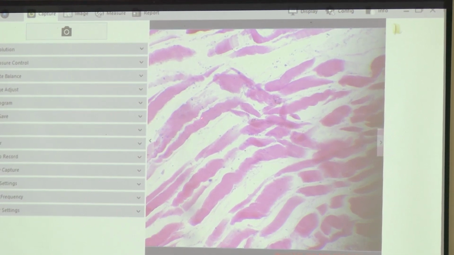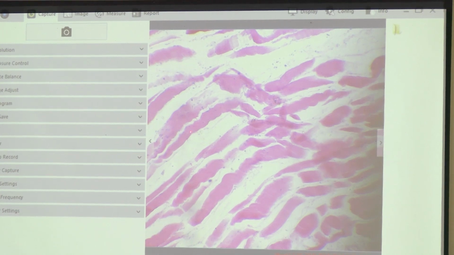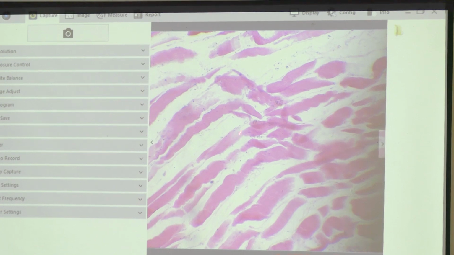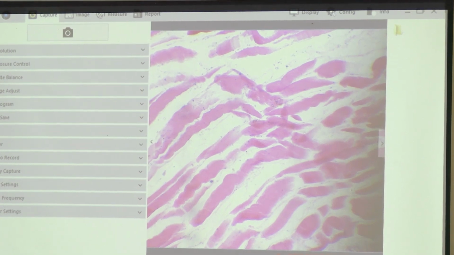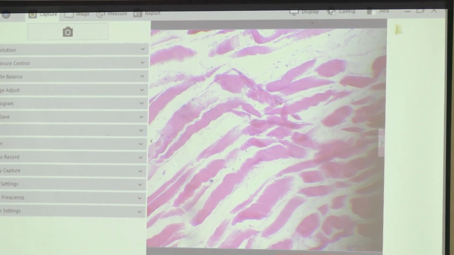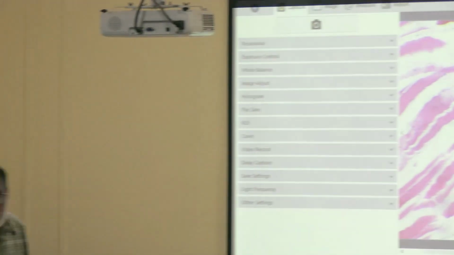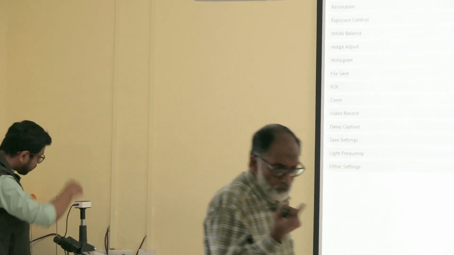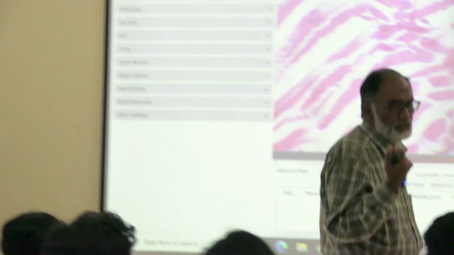Actually, they should be arranged very fairly, but here they are haphazardly oriented. And there is no branching. If there is no branching and if there are multiple nuclei, it means it is skeletal muscle. Only one muscle contains multiple nuclei, that is skeletal.